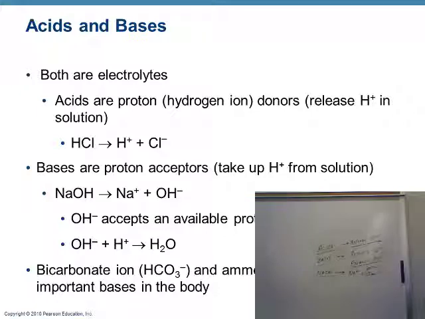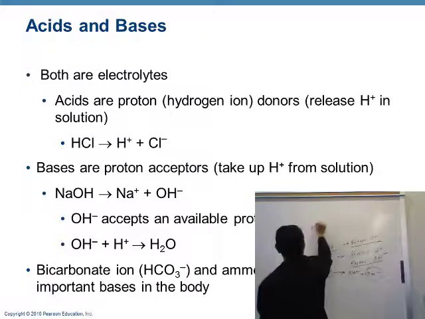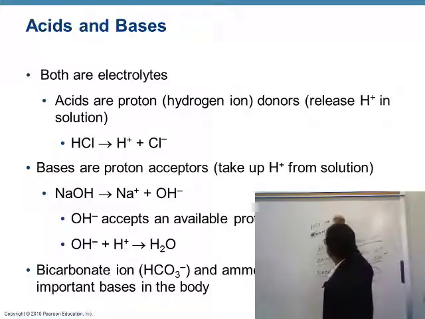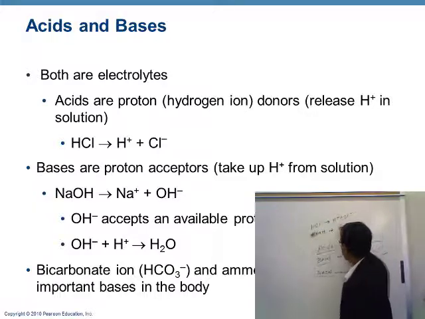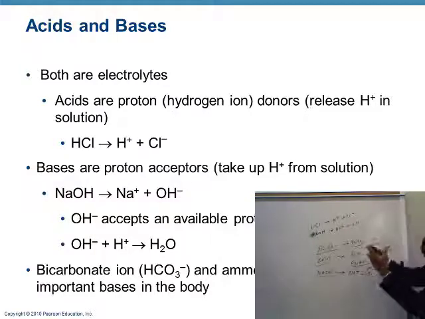Now, this is hydrochloric acid. This is sodium hydroxide. Hydrochloric acid will quickly release hydrogen, right? You know that now. And sodium hydroxide, this base, will quickly release OH. So when they will get together, you see what will happen?